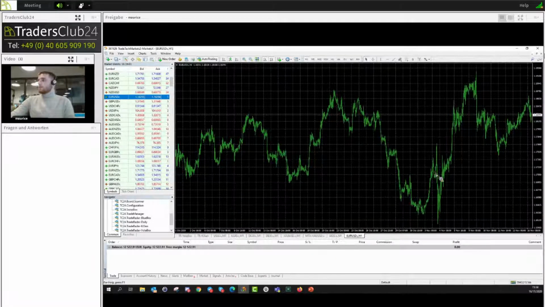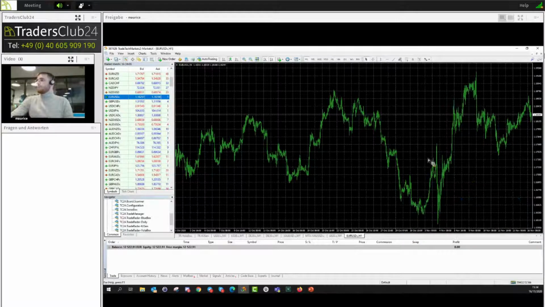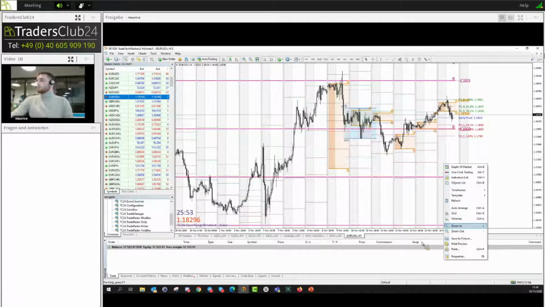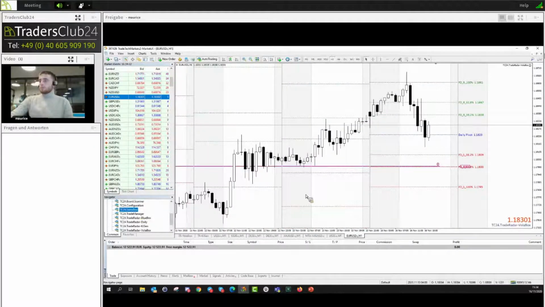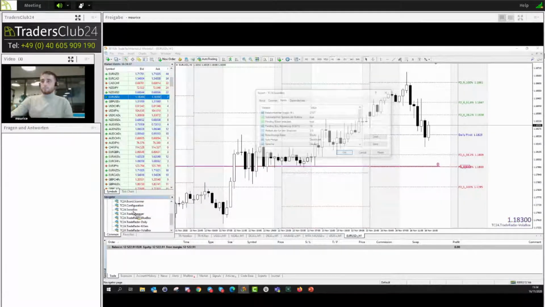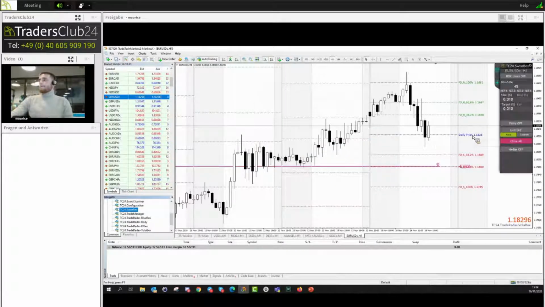Open the chart again, straight into the templates, and we'll go into a Vola box, Trade Radar Vola box. Open up our SwissBox. Change our language. Okay, so there's our SwissBox.